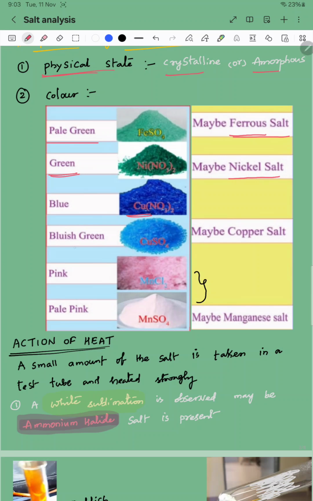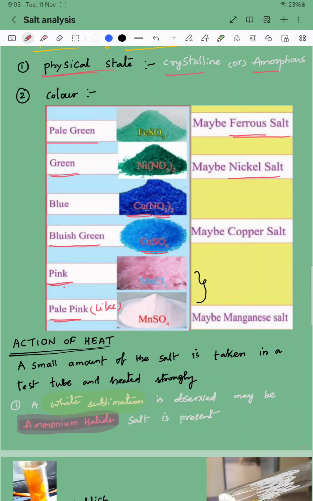If it is bluish green, copper sulfate is possible. A dark blue color is copper nitrate, and bluish green is copper sulfate, right? If it is a pale pink color, usually called lilac, or pink, it is manganese.